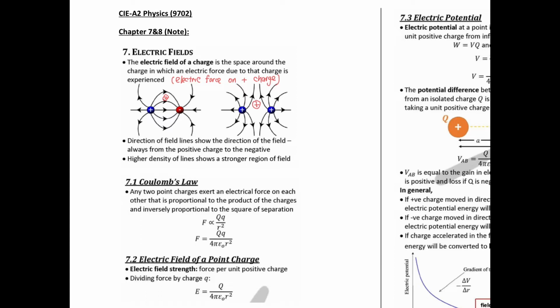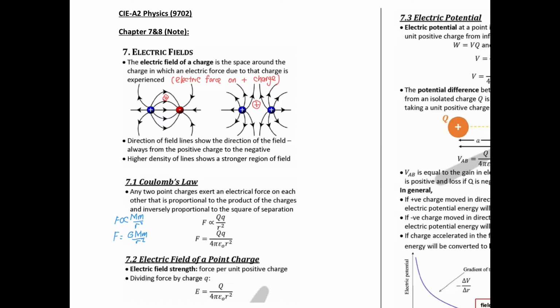So Newton's law of gravitation, we have F proportional to m over r squared. So we have this formula which is very related to Coulomb's law. After that, if you don't want the proportional sign, you can change it to equal to G m m over r squared. So we will get the force.